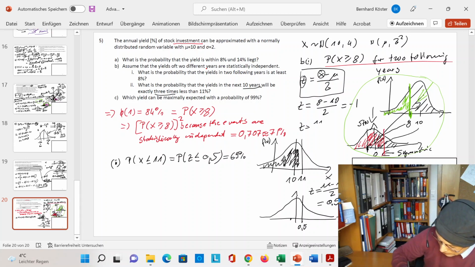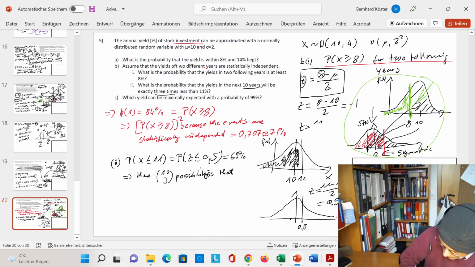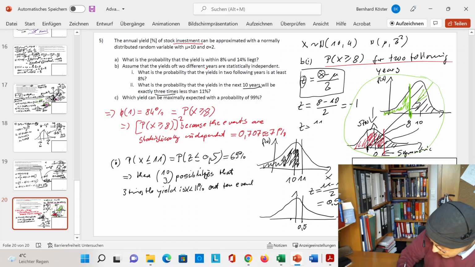So this means that there are 10 over 3 possibilities that 3 times the yield is less than 11% out of 10 events.